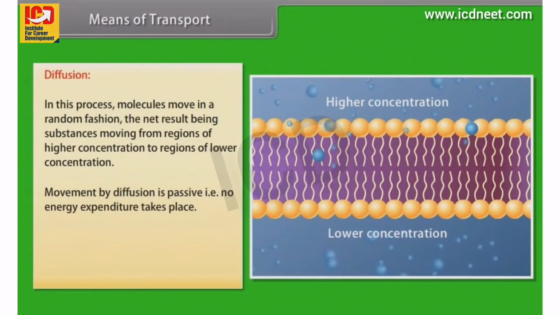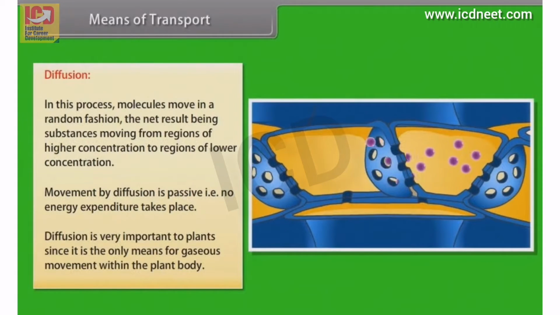Movement by diffusion is passive and may be from one part of the cell to the other, or from cell to cell, or over short distances, say from the intercellular spaces of the leaf to the outside. No energy expenditure takes place. Diffusion is very important to plants since it is the only means for gaseous movement within the plant body.